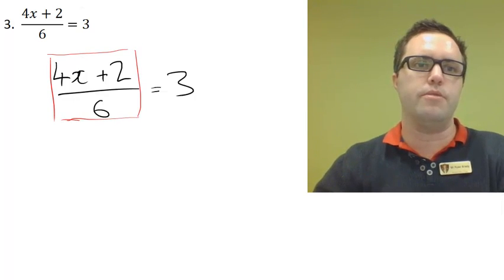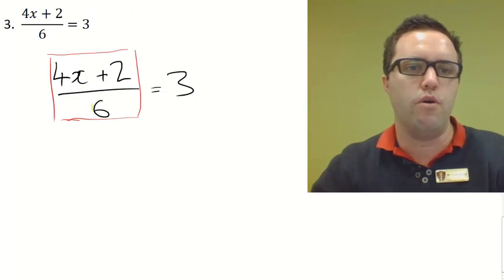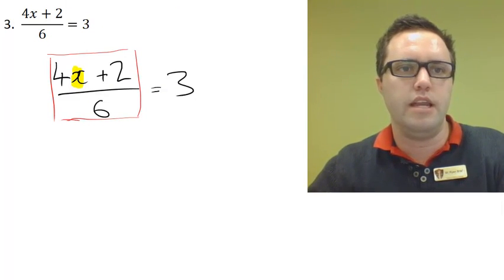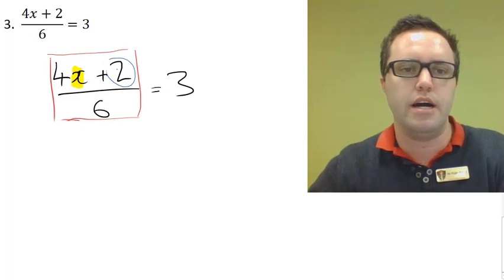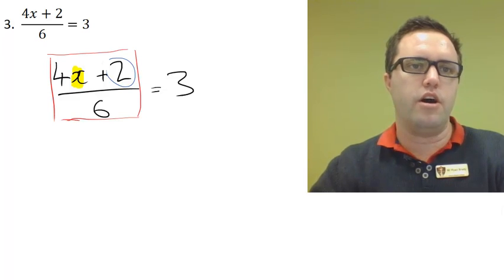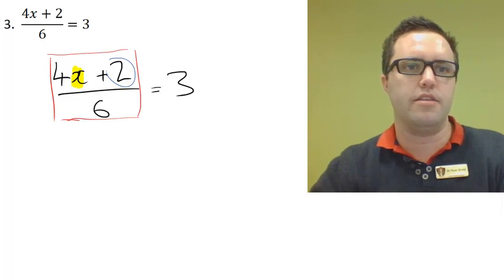Now, here's important because I have seen this kind of error before, is that the x is up here, but we can't do anything with this 2 here. We can't subtract the 2 out of that fraction. Okay, you kind of want to think about it that this part at the top, this whole part here is kind of protected. All right, you've got to get rid of this divide by 6 down here first.